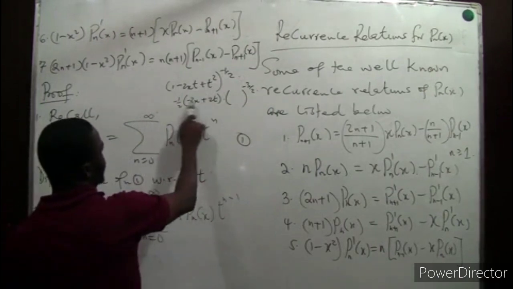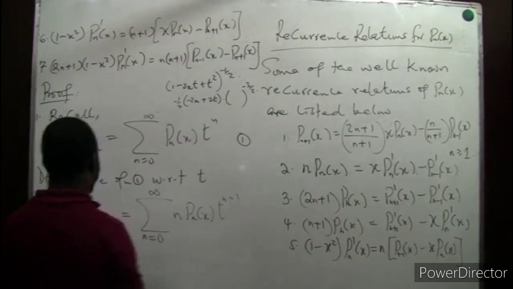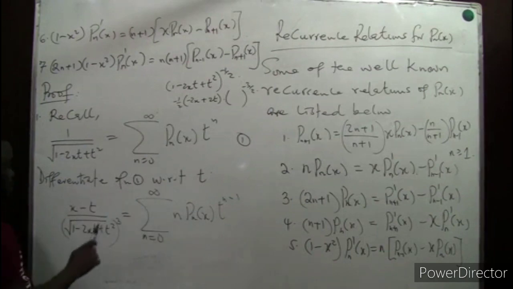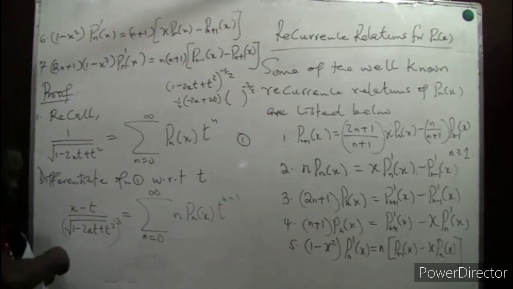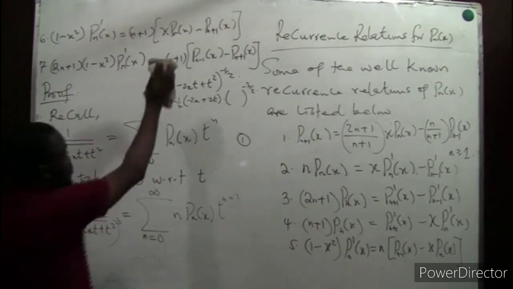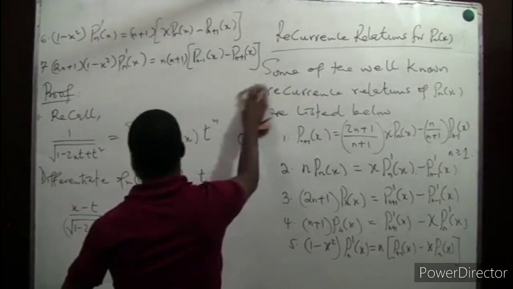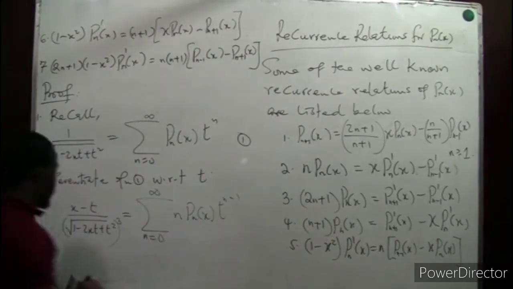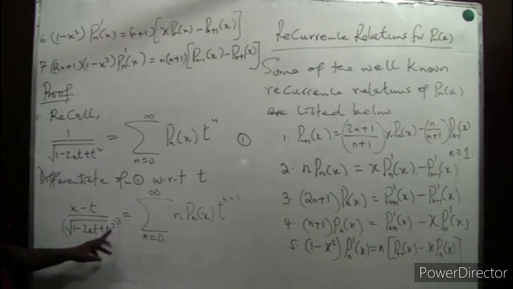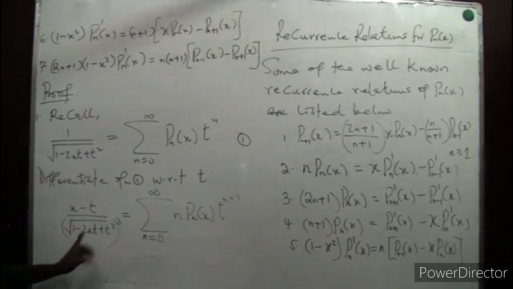Of course, the 2 cancels out and allows the negative to cancel. Law of indices takes its course, then we have this. After the differentiation, let us multiply all through by 1 minus 2xt plus t squared, so that we return this one back to its normal shape.